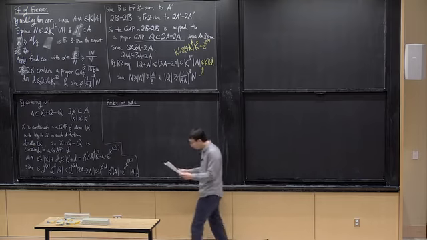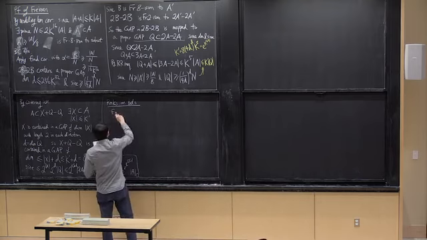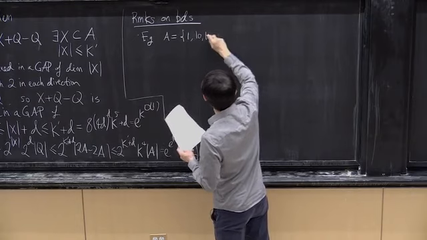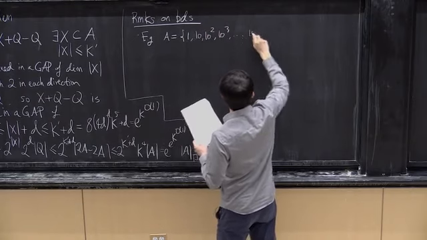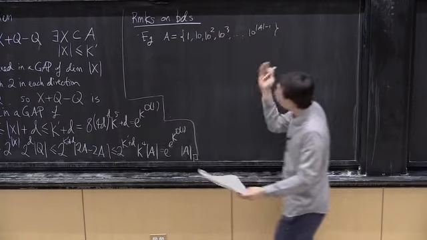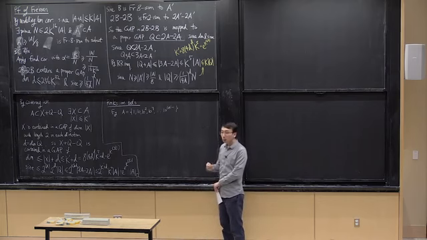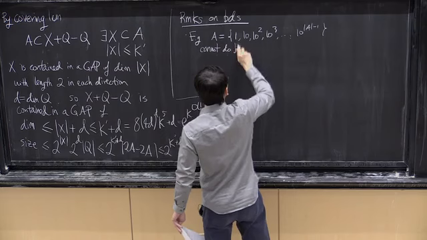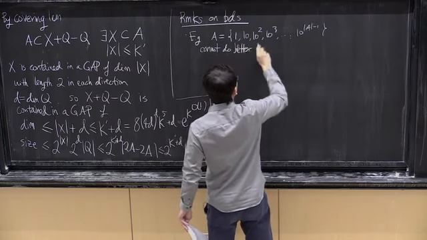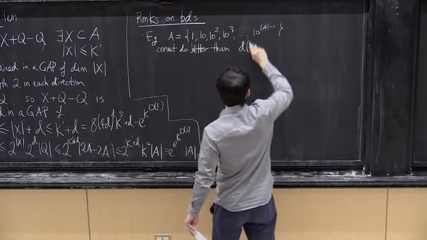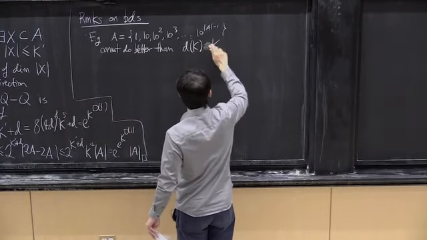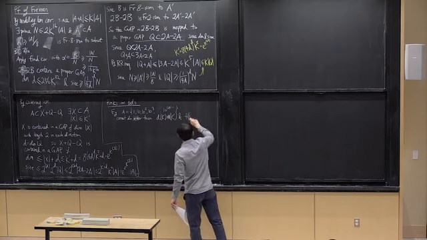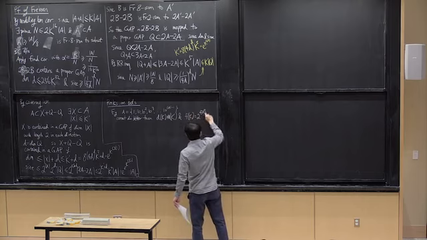So we saw an example where if you start with A being a highly dissociated set, where there is basically no additive structure within A, then this example shows that you cannot do better than linear in K in the dimension, and exponential in the size blow up.